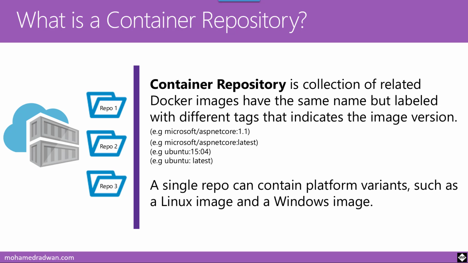Just imagine my app version 1 is Ubuntu and my app version 2 is Windows. It doesn't have to be the same operating system, but it is the same image with different tags, which means I can have several images. So it is up to you how you combine the image name and tags to maintain versions of images for your applications.